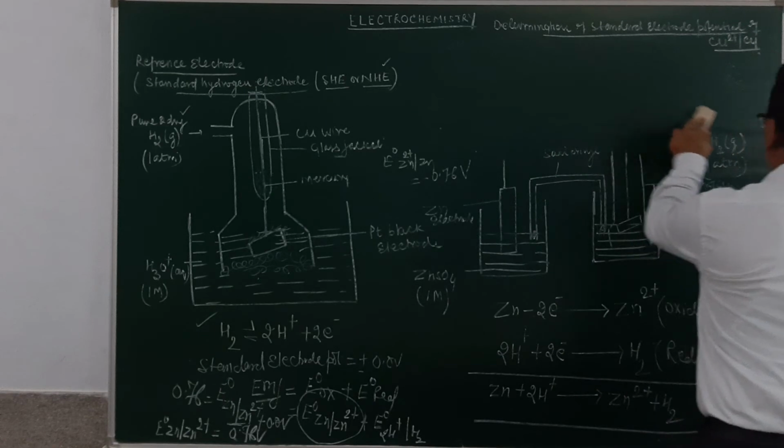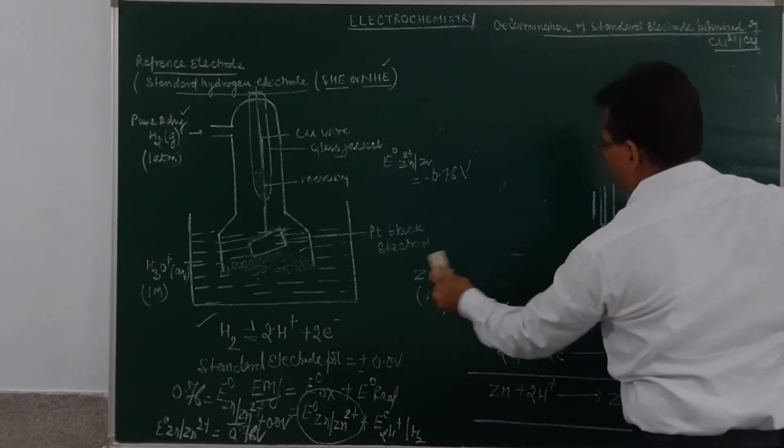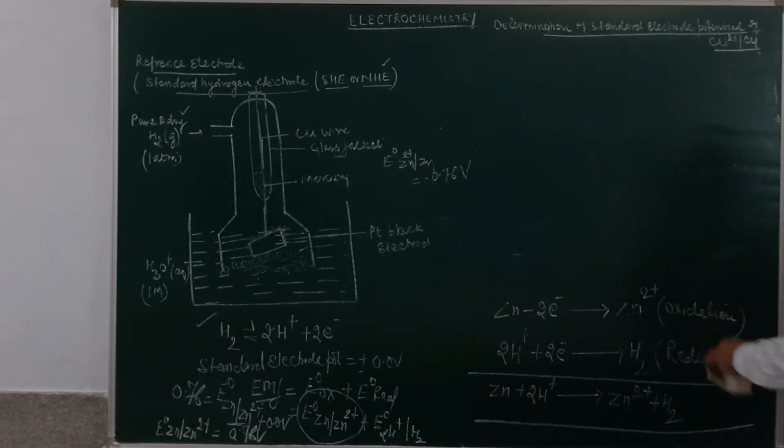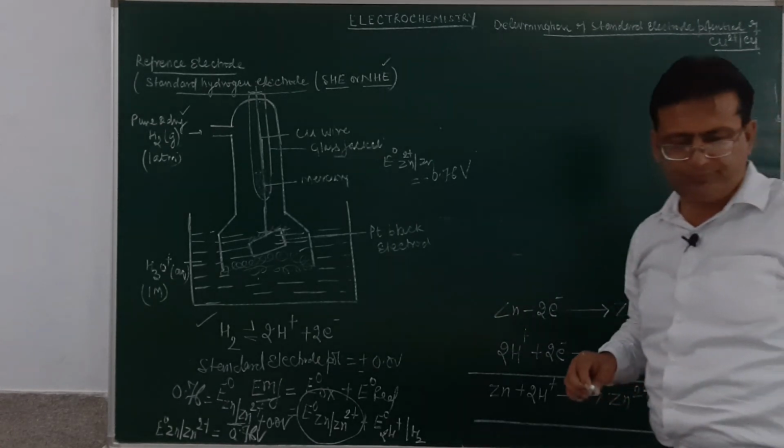Now listen over here, students. How do you find out this value? Determination of the standard electrode potential of copper 2 positive to copper electrode.